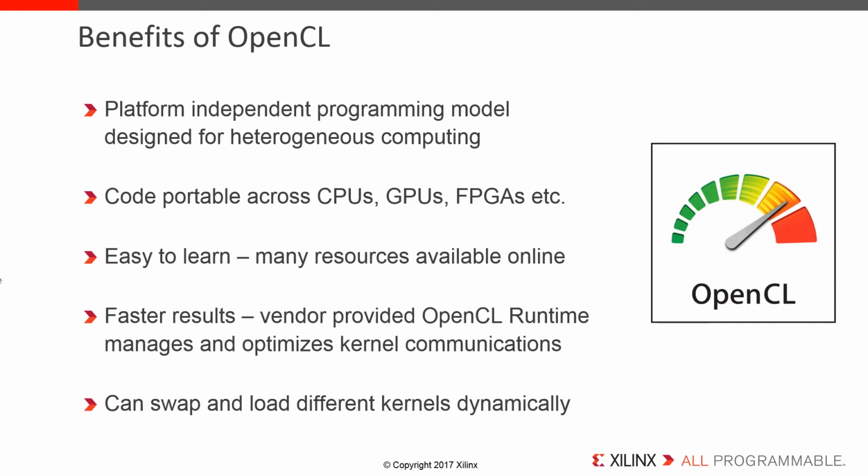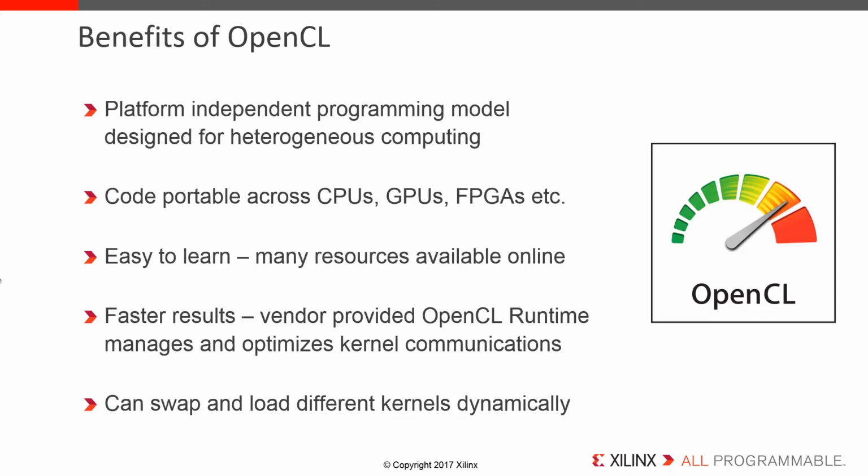Another key advantage of OpenCL is its runtime. The runtime manages all of the communication between host and the device and takes away the bulk of the complexity of optimizing parallel computing apps, delivering fast time to results. Lastly, a very nice feature of OpenCL is the ability to dynamically swap and load different kernels.